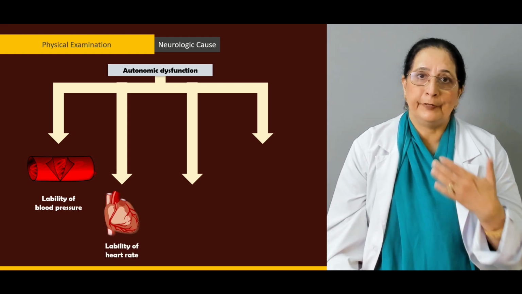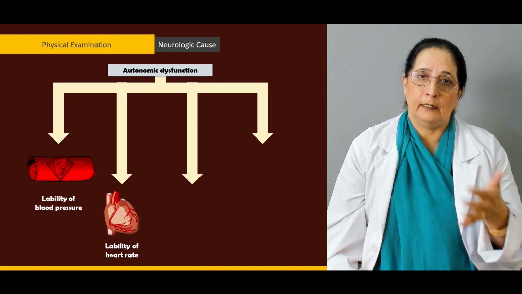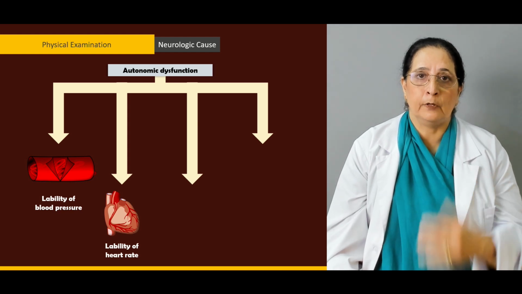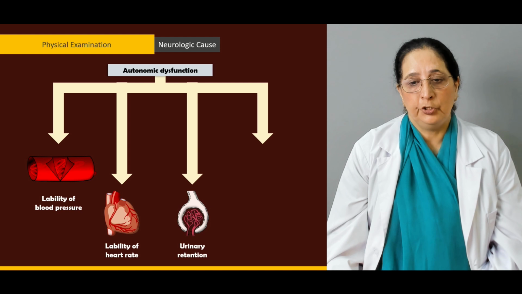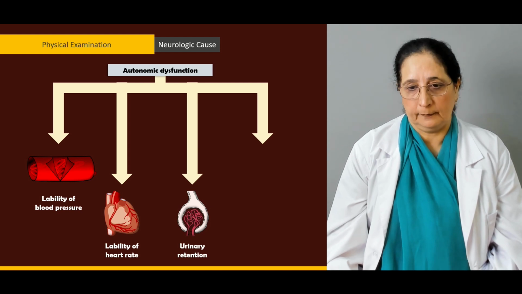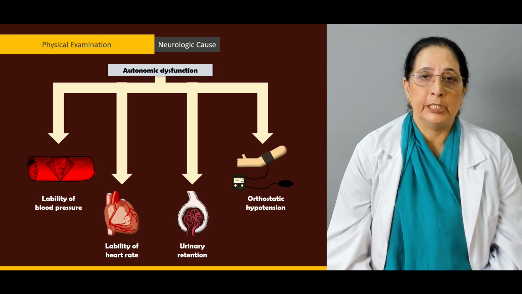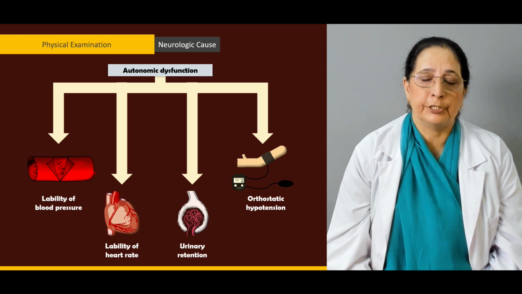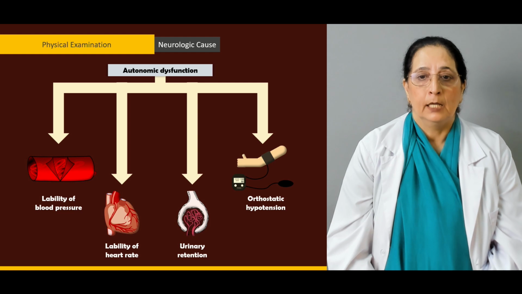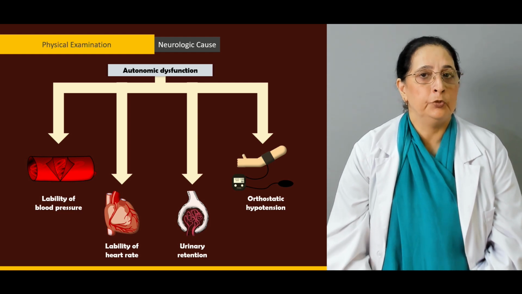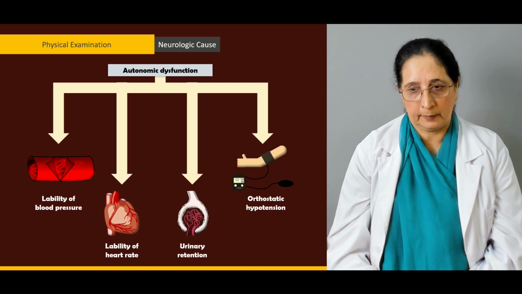Lability of heart rate, again, tachycardia, bradycardia, it keeps on fluctuating. Urinary retention, orthostatic hypotension, sudden fall of blood pressure on standing. These are again due to autonomic dysfunction.